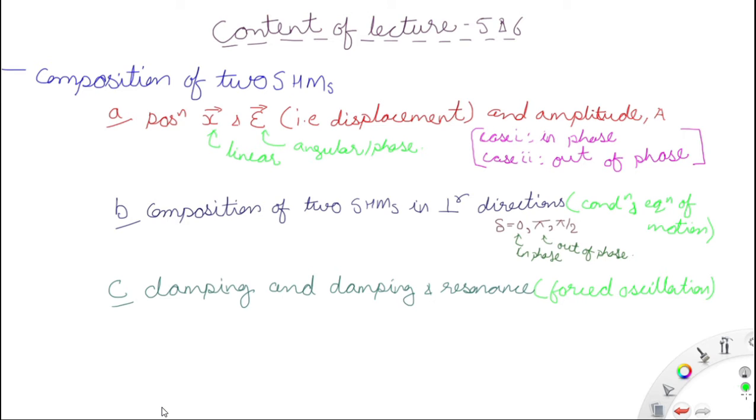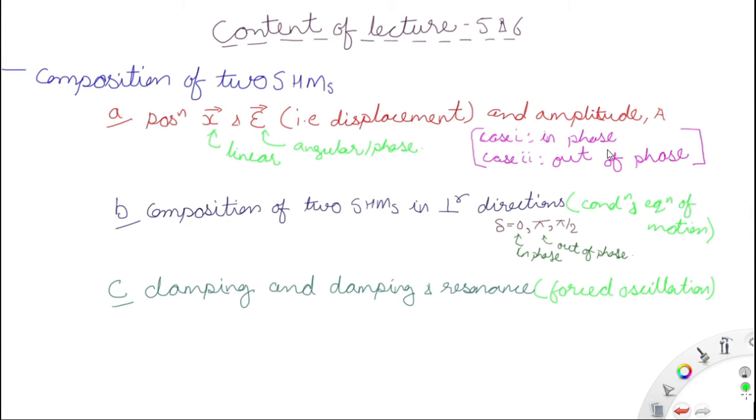Two cases we will see: in phase and out of phase. In phase means phase difference is equal to 0. Out of phase means phase difference is equal to pi, which is 180 degrees. Out of phase means two forces are opposite to each other, and in phase means two forces are parallel to each other, supporting each other.